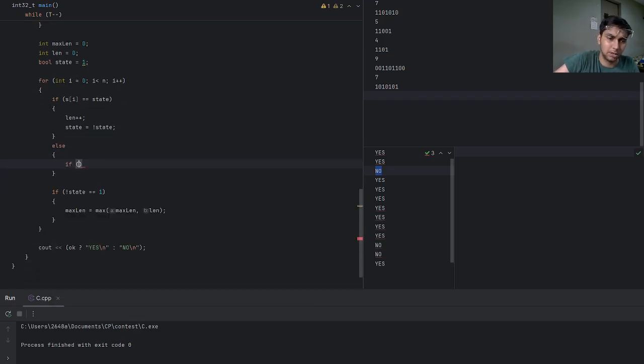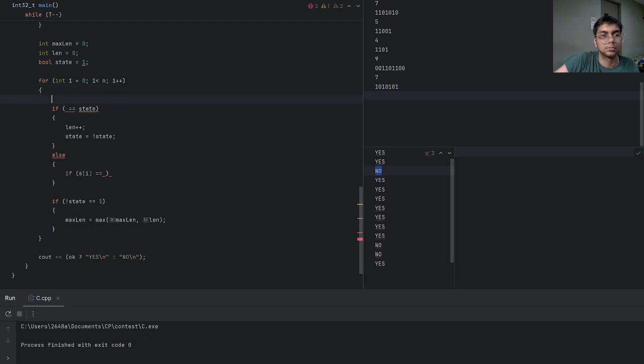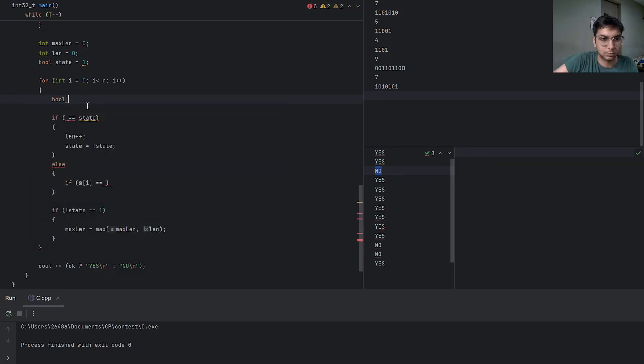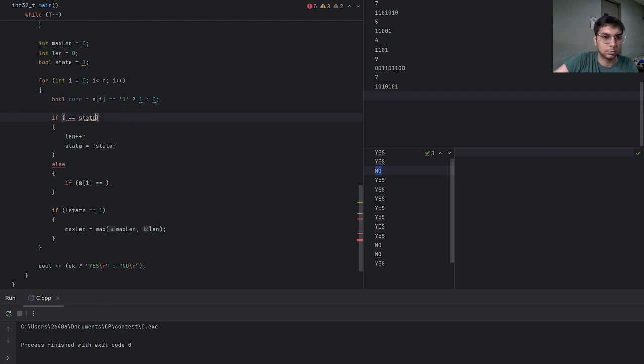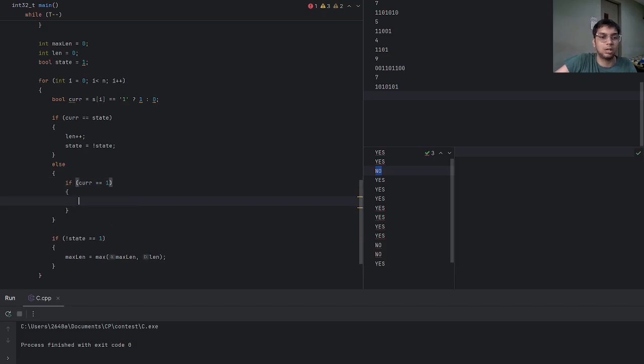If it doesn't happen, then if S of I, so if current is 1, len is 1.